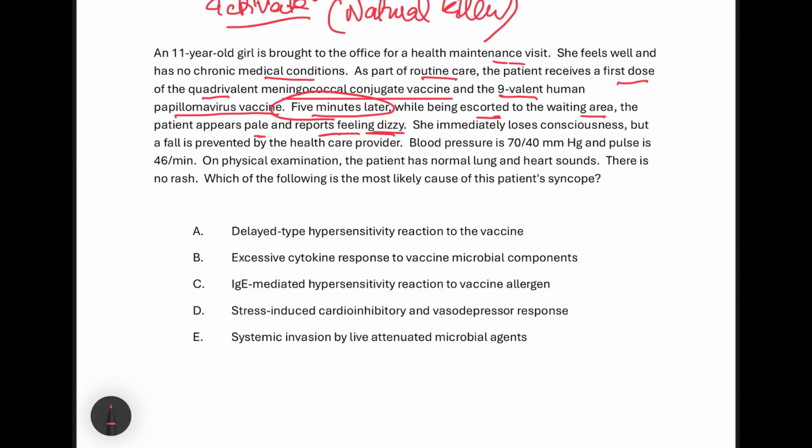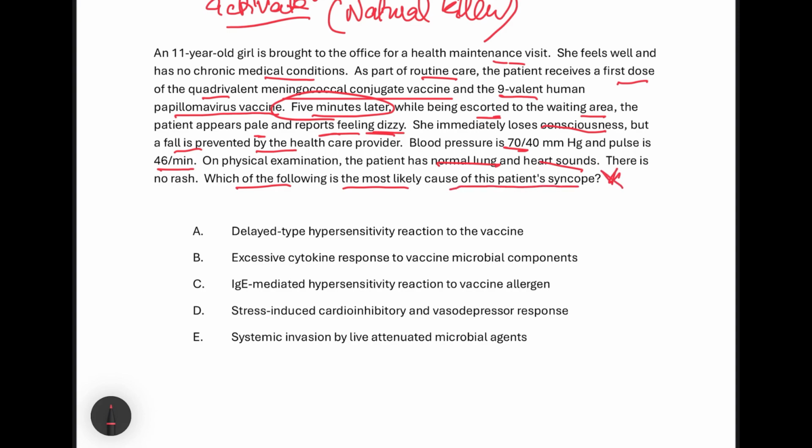She briefly loses consciousness, but a fall is prevented by the healthcare provider. Blood pressure is 70/40 and pulse is 46. On physical examination, the patient has normal lung and heart sounds. There is no rash. Which of the following is the most likely cause of this patient's condition?